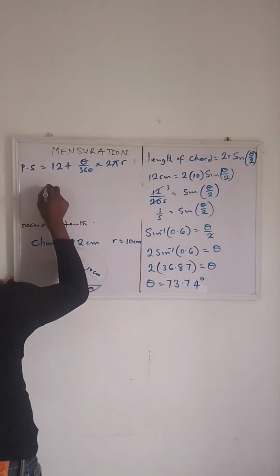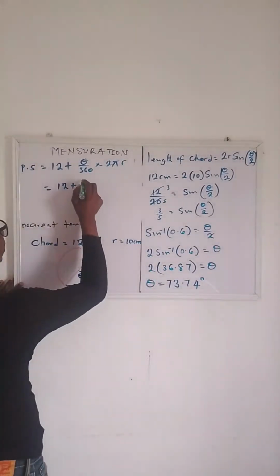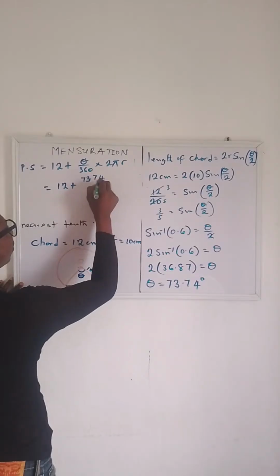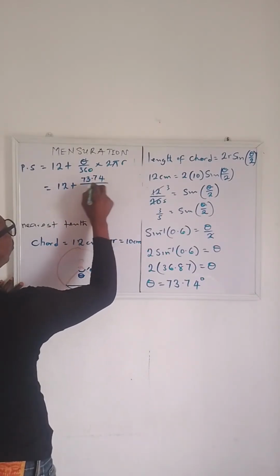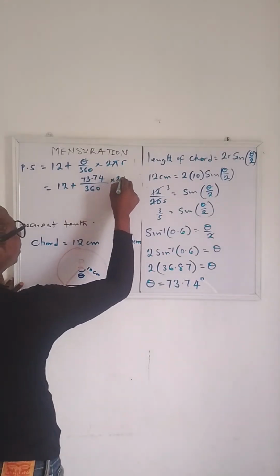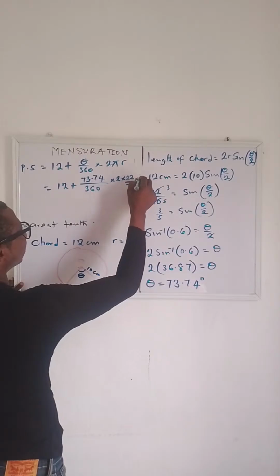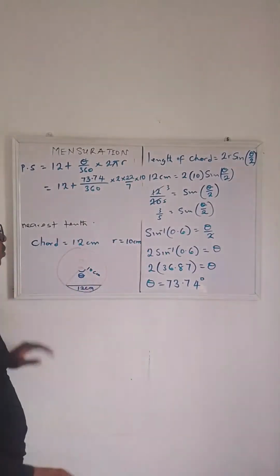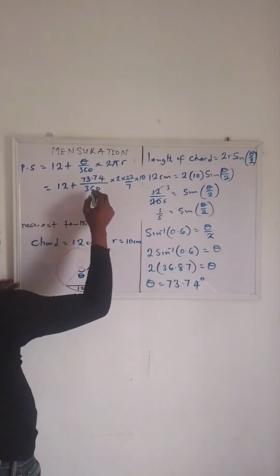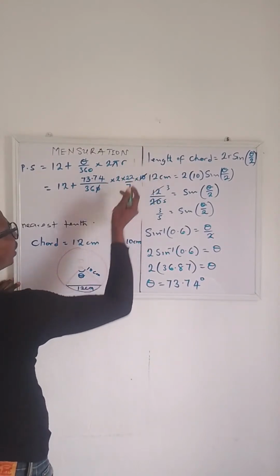Okay, so this gives us what? 12 plus, now we already have theta. So we have 73.74 over 360 times 2 times 22 over 7 times 10, which is the radius. Okay, now let's find a way of reducing this. So now this 0 cancels 10 here.